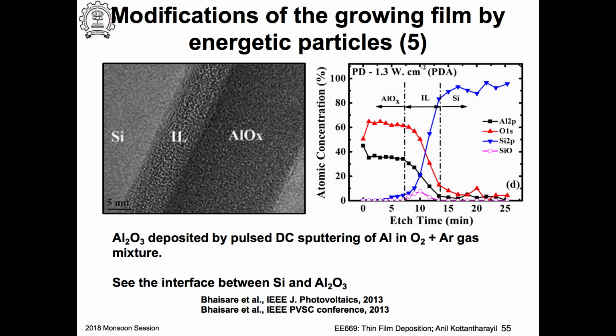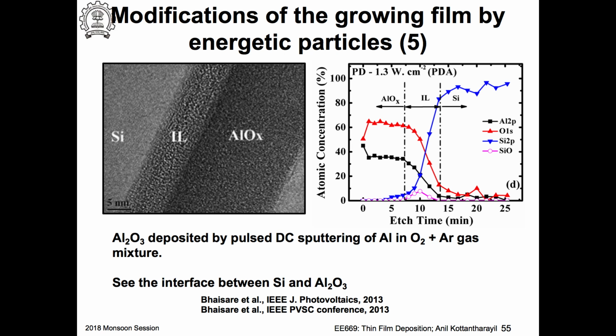So, what do you see here? This is the signal corresponding to aluminum, oxygen and silicon. So this is silicon and this is aluminum oxide, and there is a transition layer which is called the interfacial layer, and that actually contains all of silicon, aluminum and oxygen.